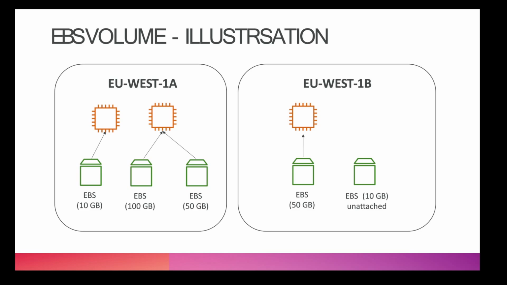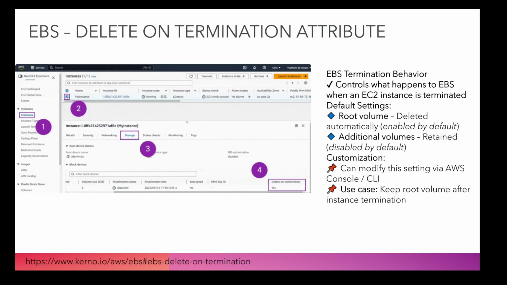Lastly, when we move forward with creating EBS volumes in conjunction with EC2 instances, there's a critical attribute that often comes up in exams: the delete on termination option. This detail is found in the console interface when you're setting up an EBS volume alongside an EC2 instance.